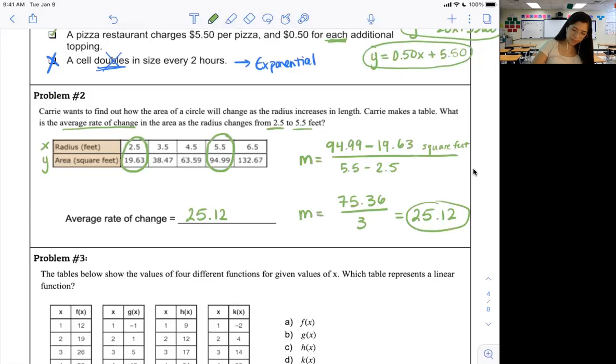Feet. So my answer is going to be square feet per feet. Kind of weird. That's okay. But just remember that even though these are weird units, you always do the y units over the x units. So square feet per feet. A lot of feet. Any questions on this one?